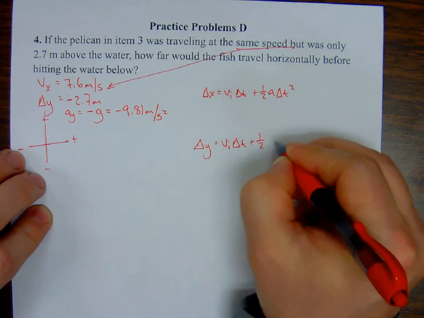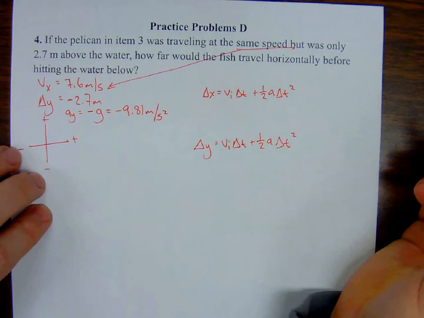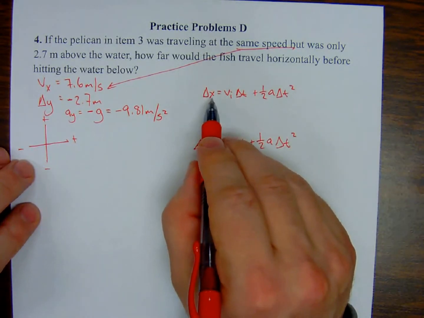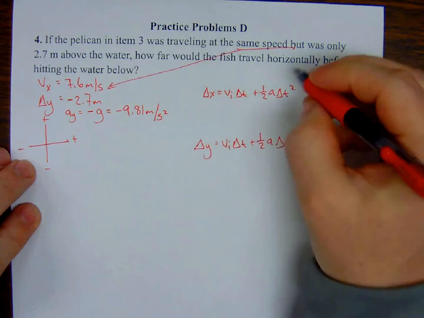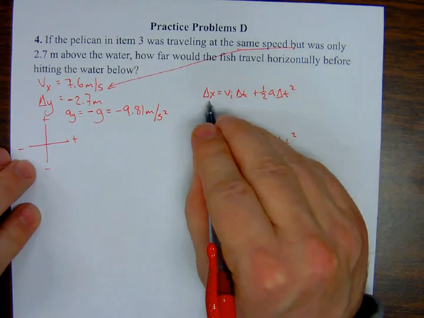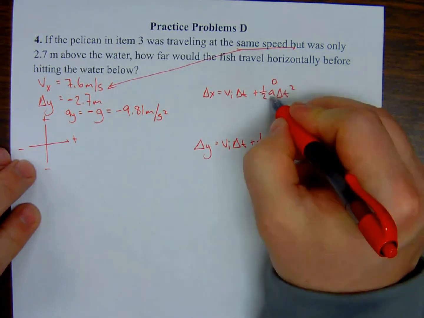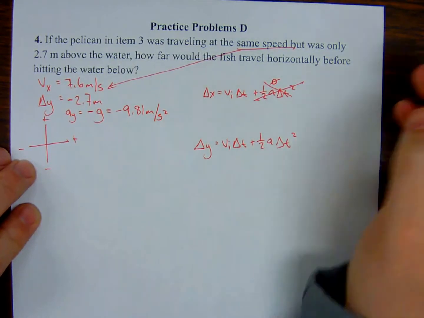This time we're actually being asked to solve for delta x. Now, there's 0 acceleration in the x direction, in the horizontal direction. That means that the numerical value for acceleration is 0, which allows us to get rid of that entire side of the equation. And so I actually have an expression that solves for exactly what I want.